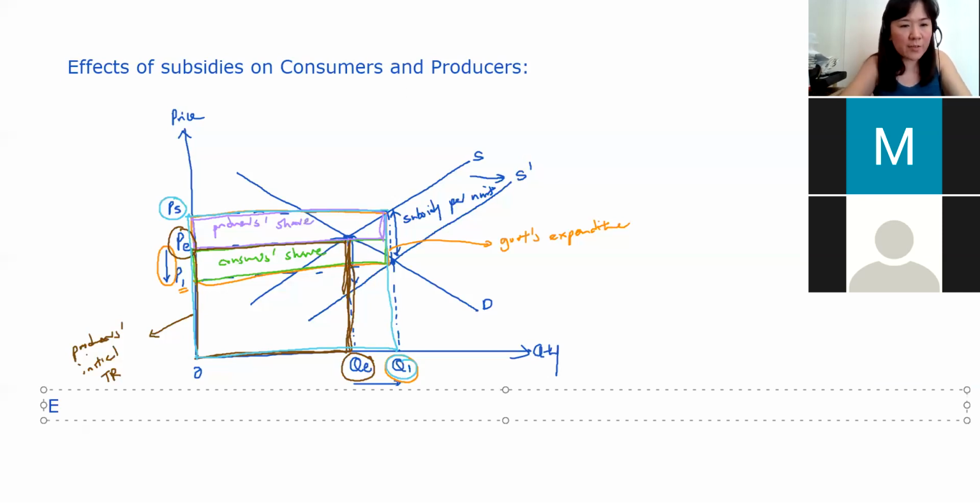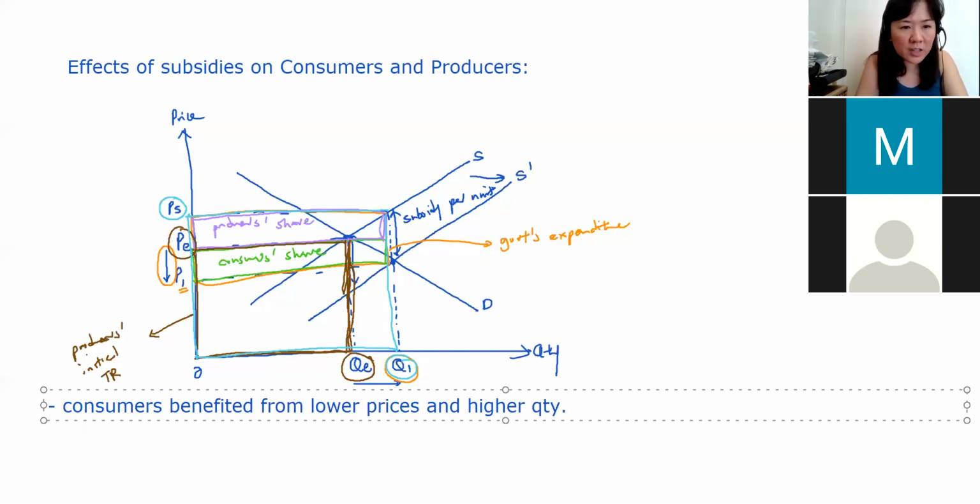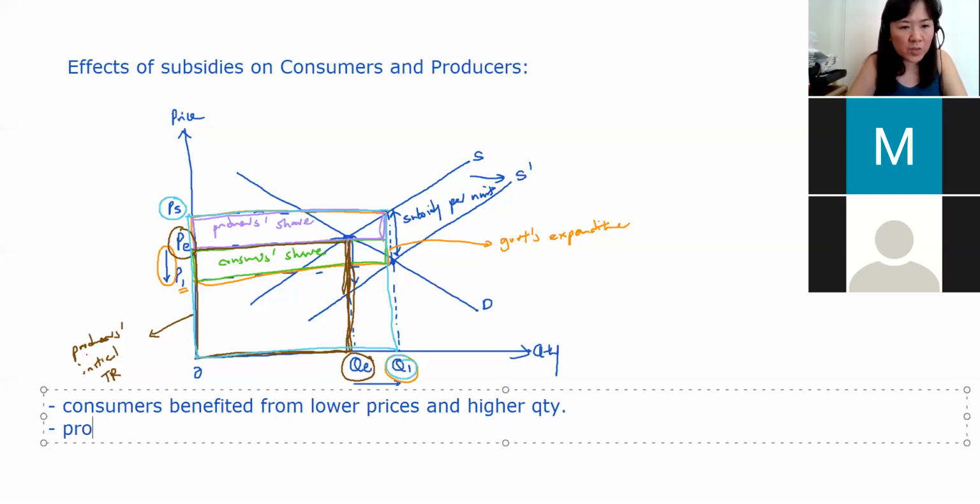So the effects are that it will have benefited the consumers, who benefited from lower prices and higher quantity. Producers gain an increase in total revenue, so that's beneficial for them as well.